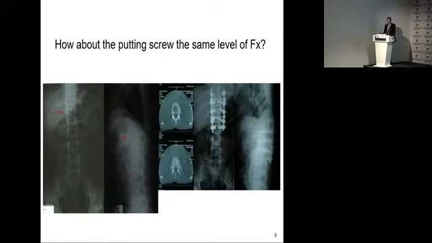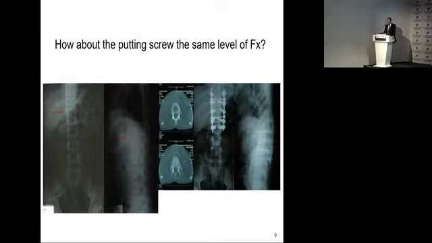But now, especially after the 2000s, we started to put a screw at the same level, especially if the patient doesn't have a type C injury. What is the logic behind this? When you look at trauma, in more than 90% of cases the pedicles are not broken, they are alive.